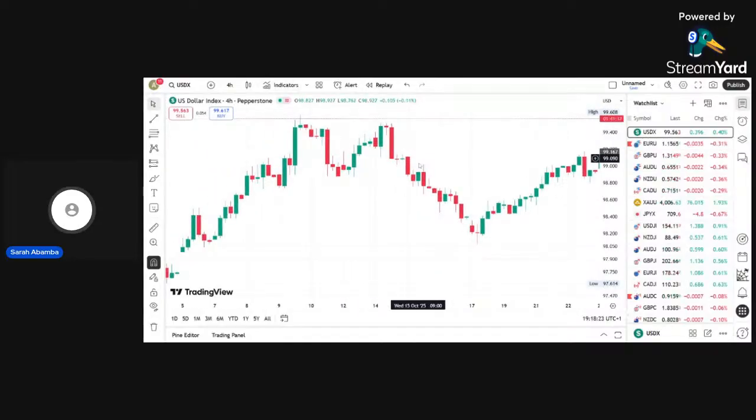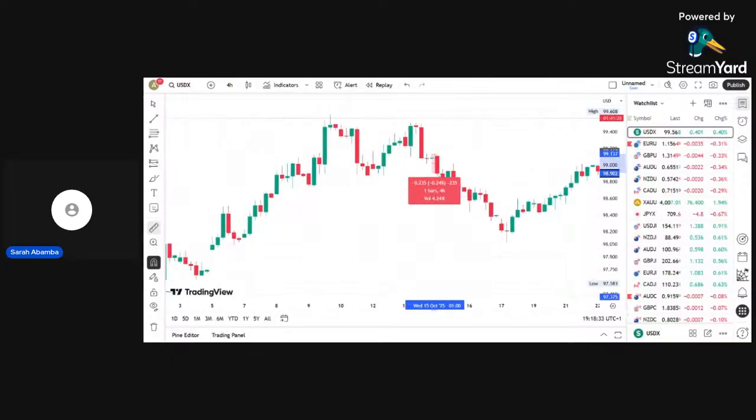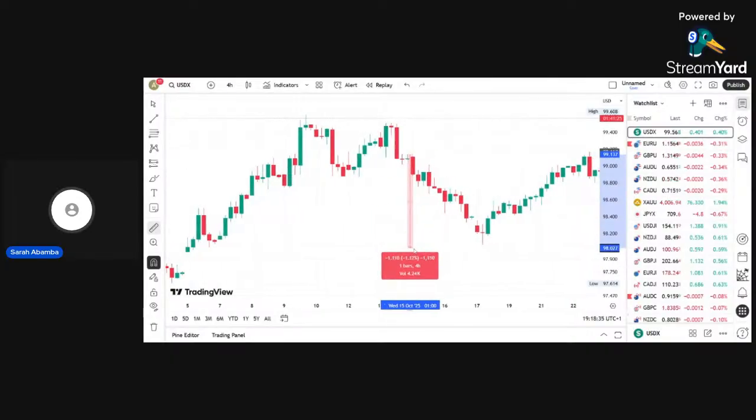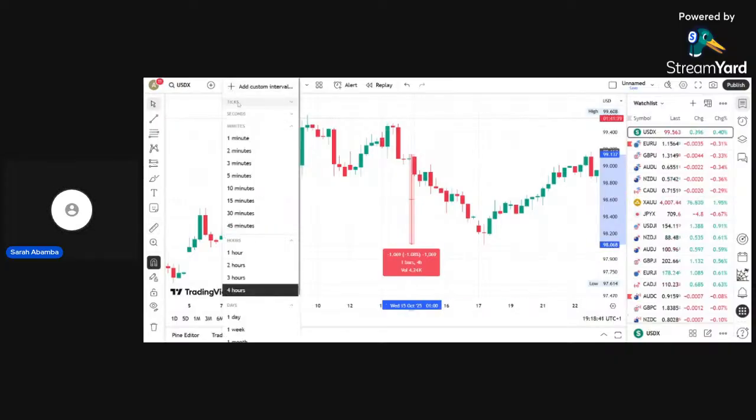So the bearish star pattern that was formed here, okay, let me use this as an example now. So this was, let's say, 100 pips here. You say we should use what? 1 hour.